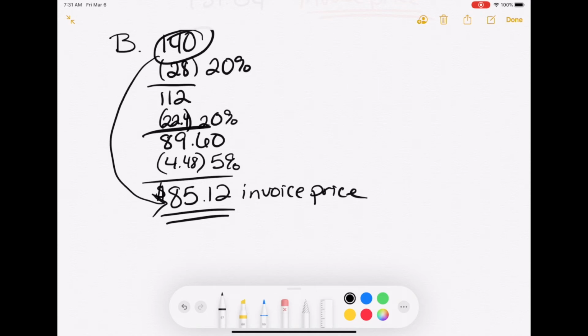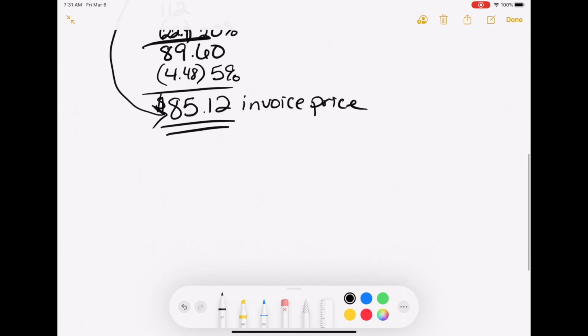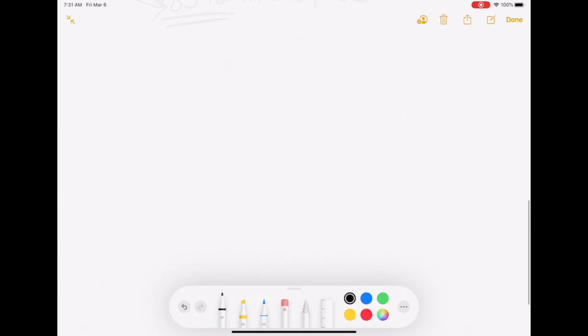So in order to solve this a little bit quicker, there's a few methods that accountants use. So we're going to look at 3 different ways to solve for a single discount equivalent.